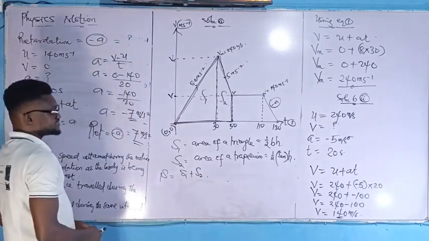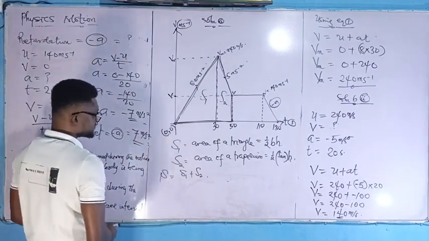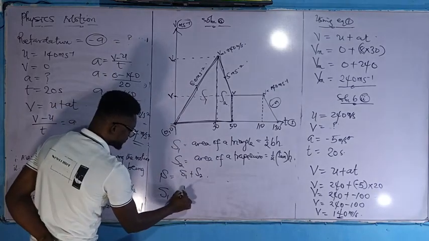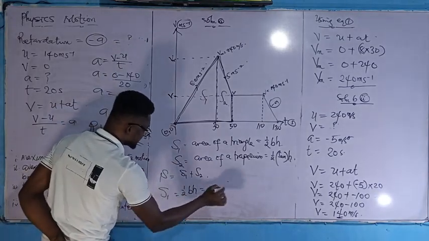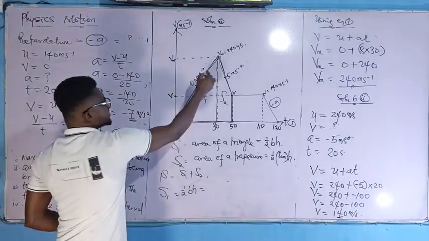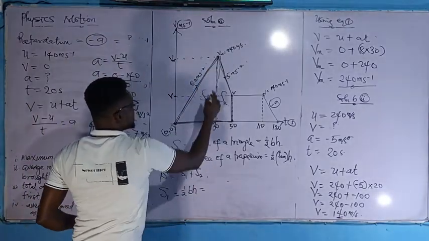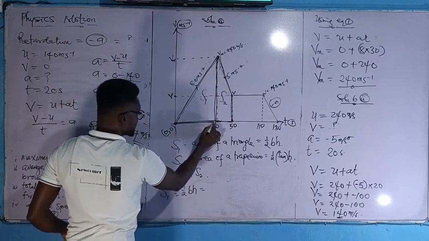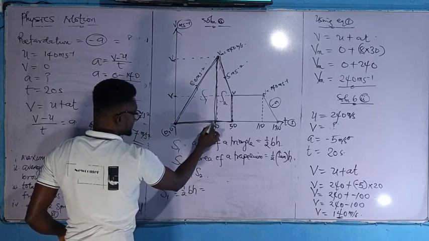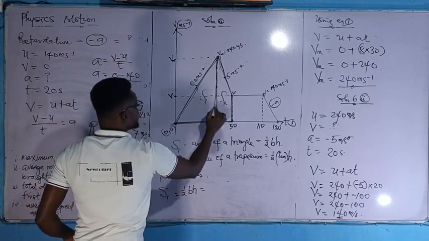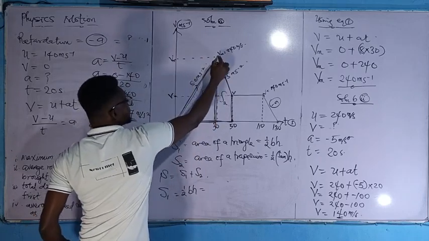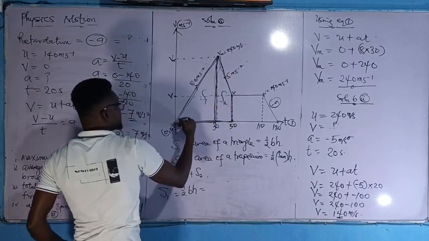So let's get S1 first. We have the area of a triangle, half base times height. For this triangle, the base is from 0 to 30. The difference is 30, so the base is 30, while the height is 240, along the vertical.